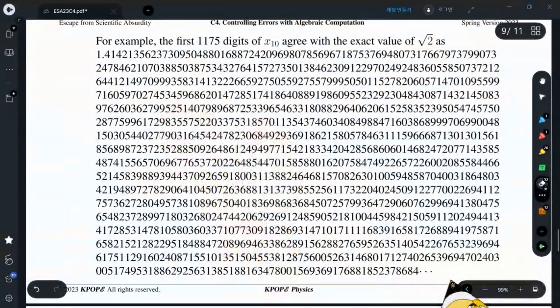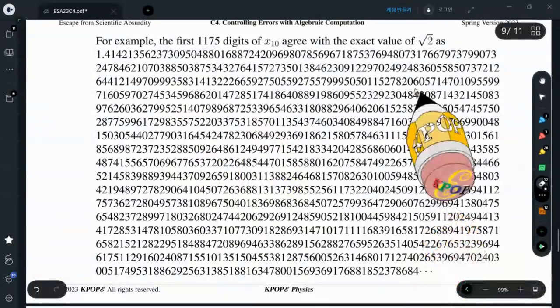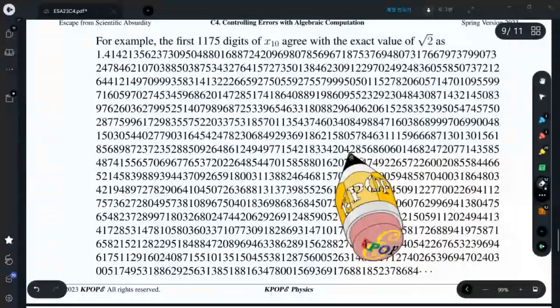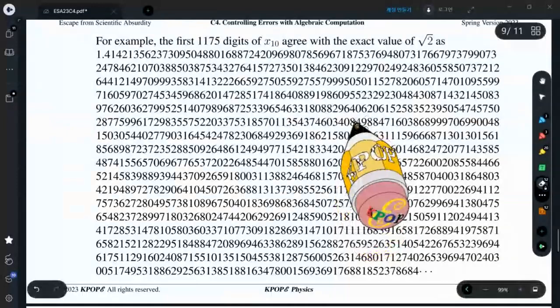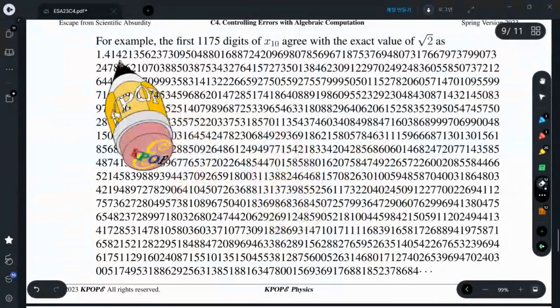But actually, I asked my son, who is a computer scientist, who graduated from the University of Toronto with a major in computer science, to ask ChatGPT whether it reproduces these numbers or not.